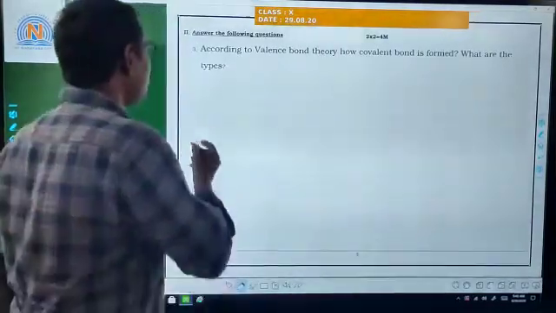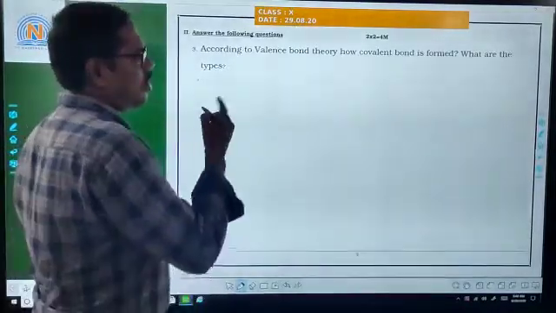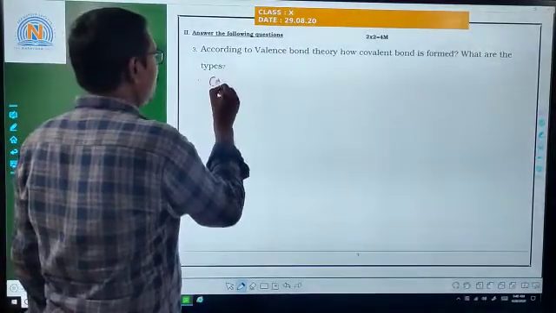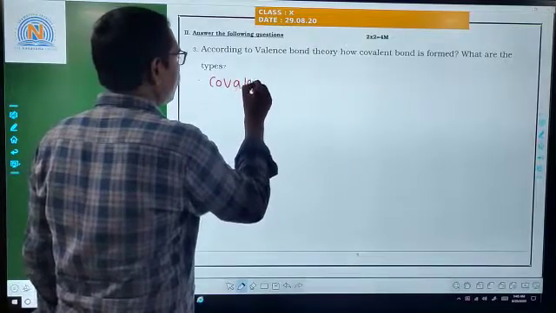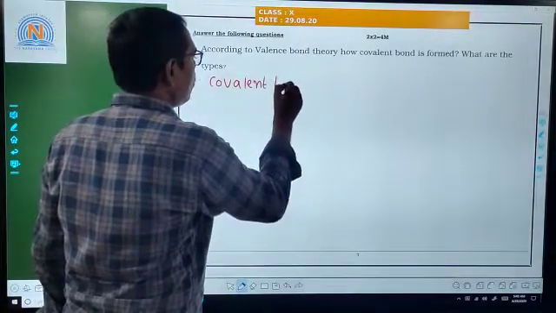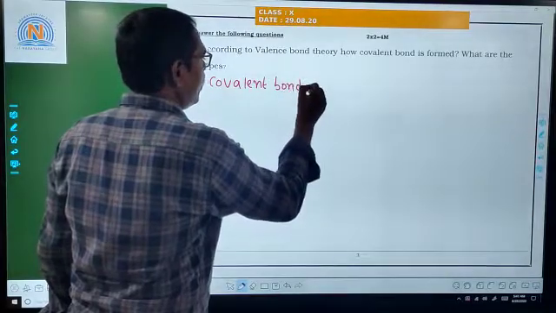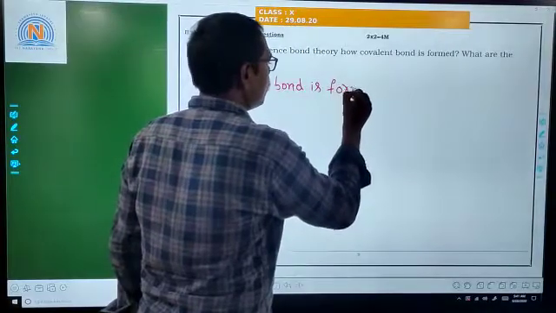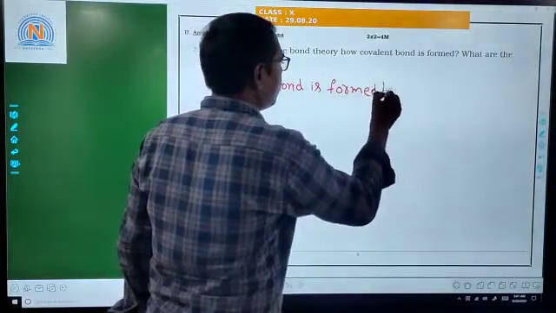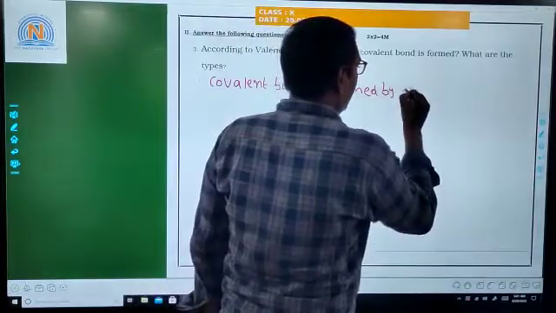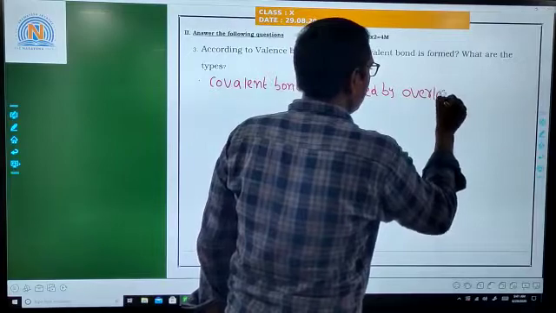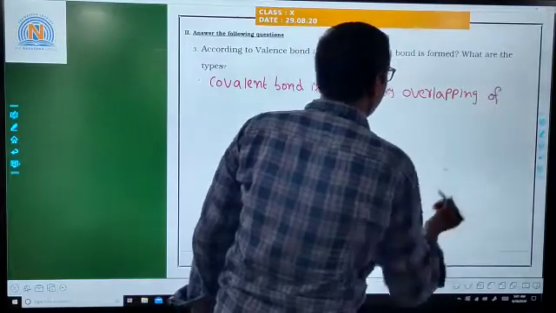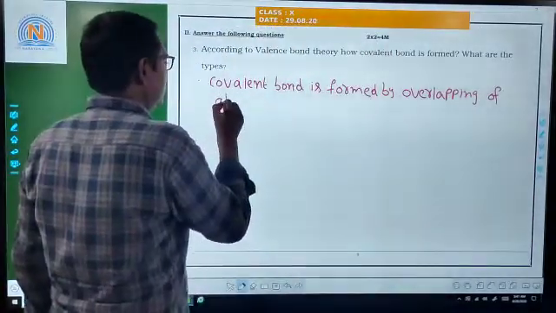So here we can write the answer. What is the covalent bond according to VB theory? Covalent bond is formed by overlapping of atomic orbitals.